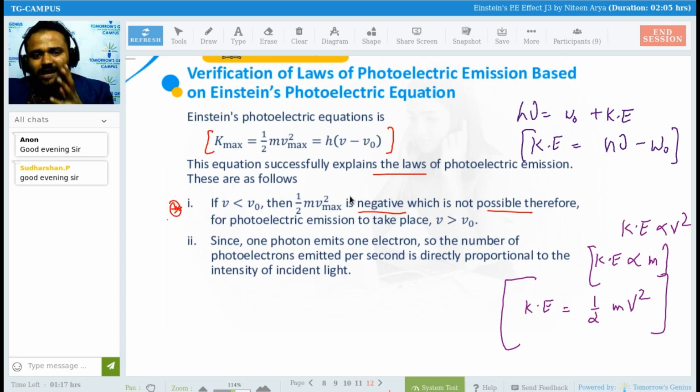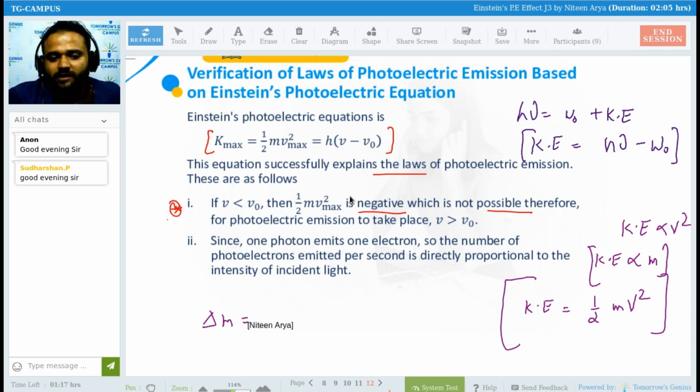Even there, the change of mass is negative, not the mass itself. Got it? That is the difference.